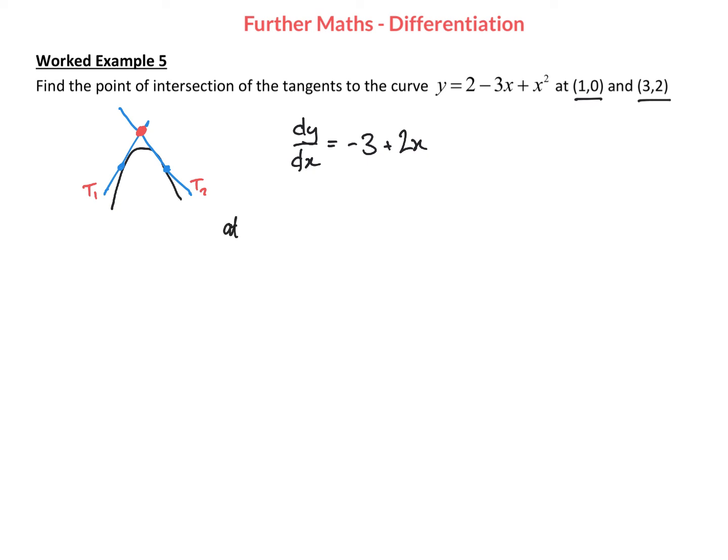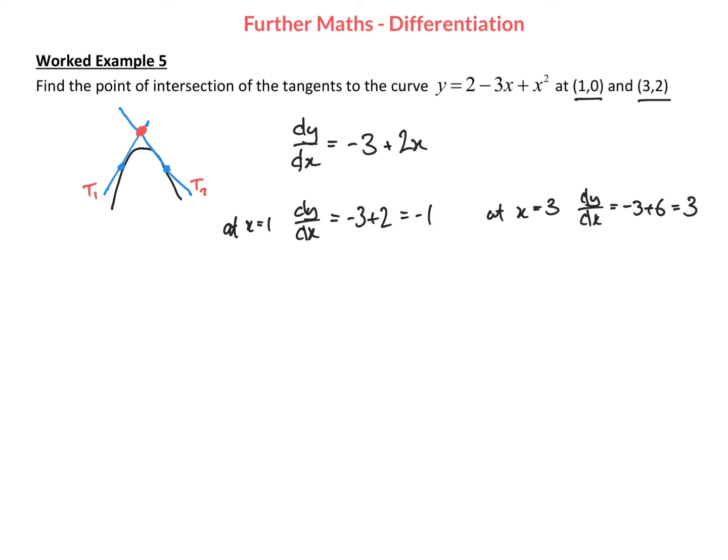Now, we have two points, so when x equals 1, the first point, 1, 0, dy by dx is minus 3 plus 2, which is negative 1. And at x equals 3, the other point, 3, 2, dy by dx is equal to minus 3 plus 6, which is 3.